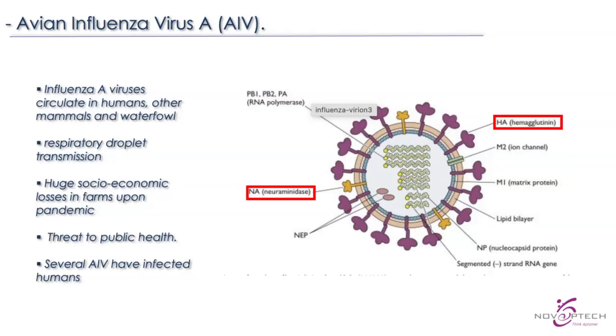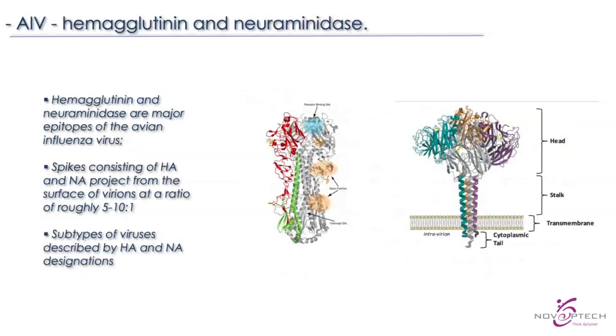And given that the virus can eventually infect human beings, this is a threat to public health. So several avian influenza viruses actually have infected humans. This is a limited number of cases, but nevertheless, this is something that we have to keep in mind.